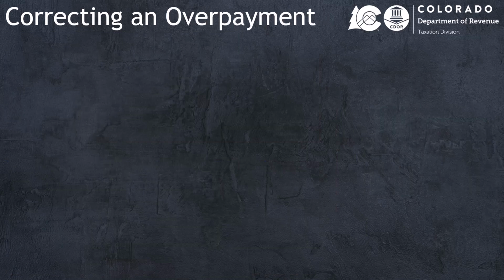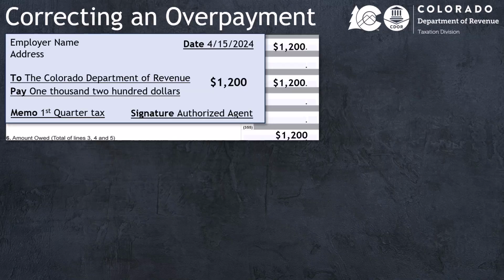If withholding was overpaid, the overpayment can be claimed in later filing periods under two conditions. 1. The overpayment and correction occur in the same current calendar year, and 2. No credit exists on the withholding account. Continuing our previous example, the employer paid $1,200 to the first quarter but later determined the actual income taxes withheld totaled $1,500.